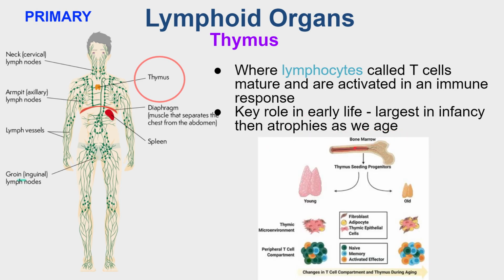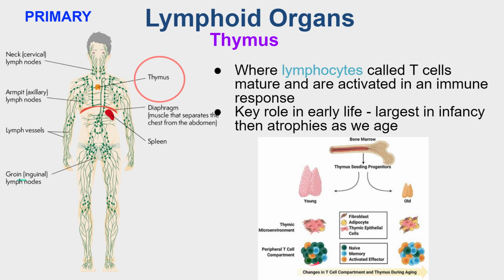And so again, here's a schematic of this. We've got our bone marrow, and then it's going to send the different cells, T cells and B cells actually, to the thymus. And you can see as a young person, the thymus has a lot of naive cells.